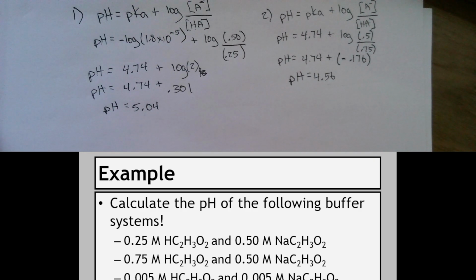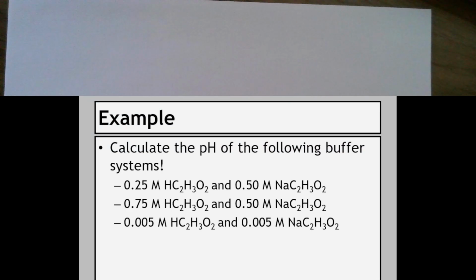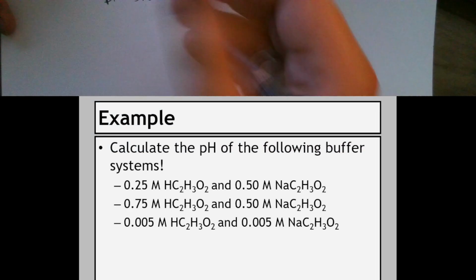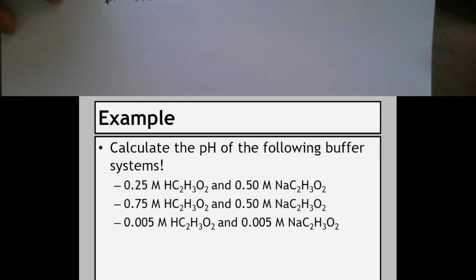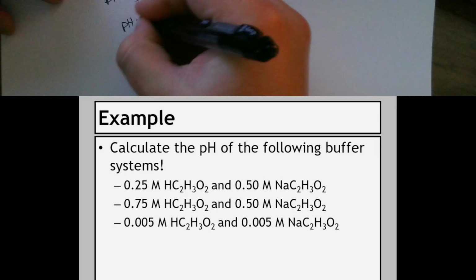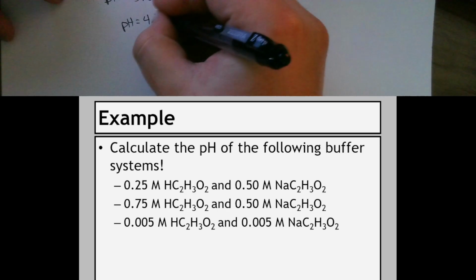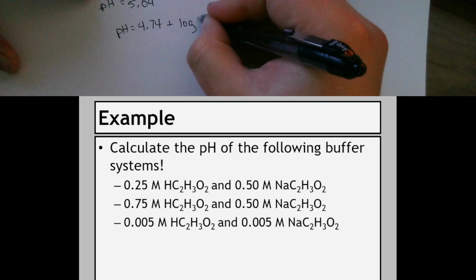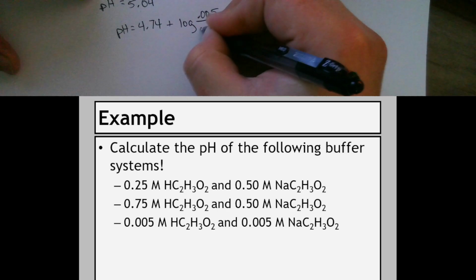Okay, now here in this last one, I have an equal amount of the two. So my pH is 4.74 plus the log of 0.005 divided by 0.005.